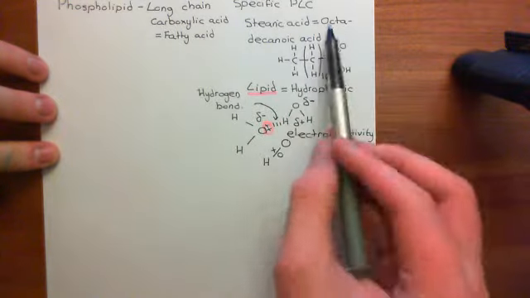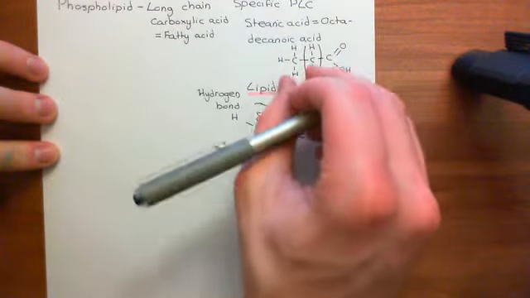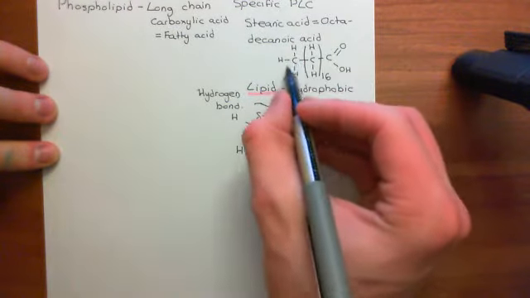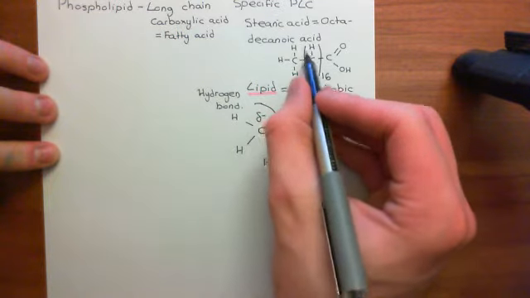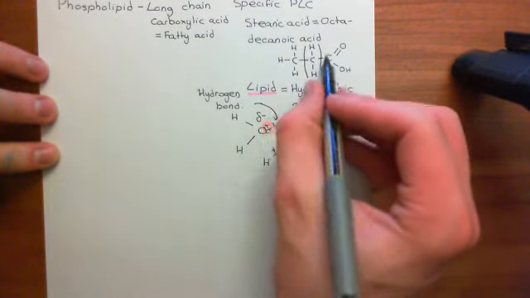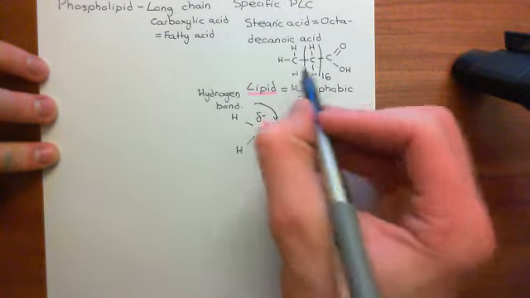So this entire structure is neutral, which means that if I was to ram a water molecule against this, the water molecule wouldn't be able to form very strong interactions with the hydrophobic tail of our long-chain carboxylic acid here.